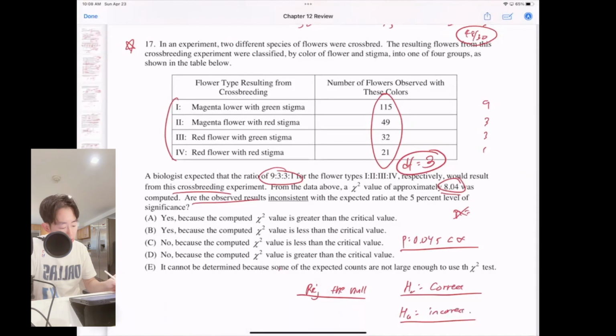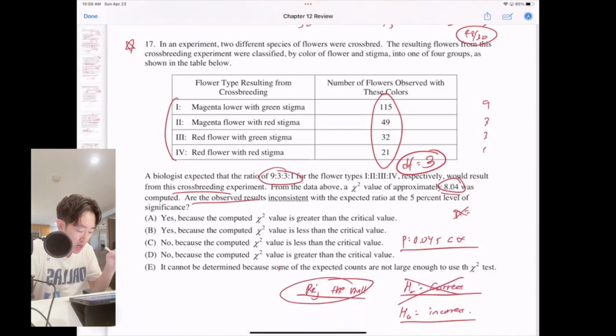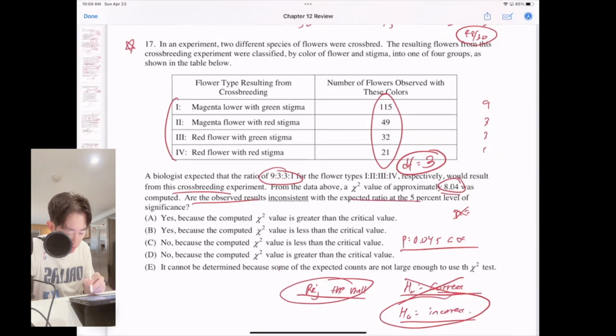So if we reject the null, we are saying that they are not correct, because the alternative hypothesis says they're incorrect. Are the observed results inconsistent with the expected ratio at the 5% level? Yes, we want to first say yes because it's inconsistent. So C and D are out.